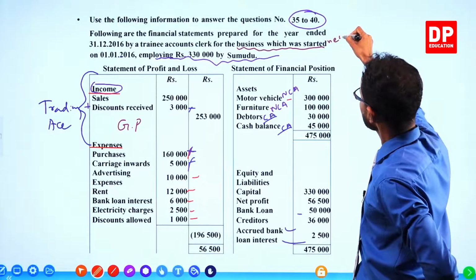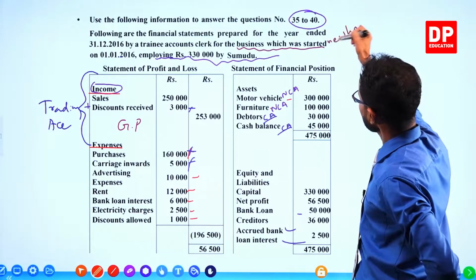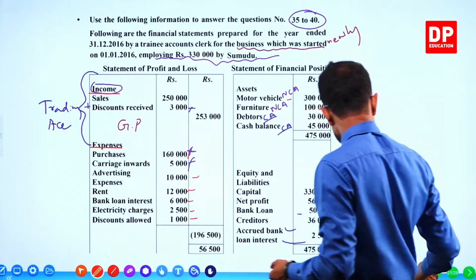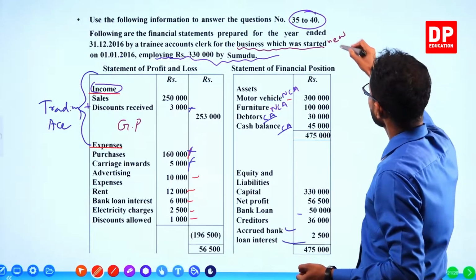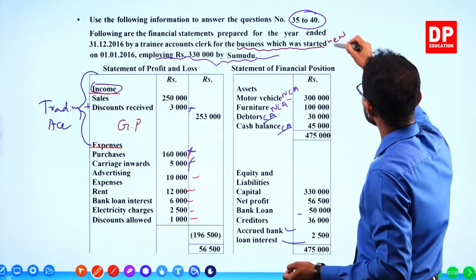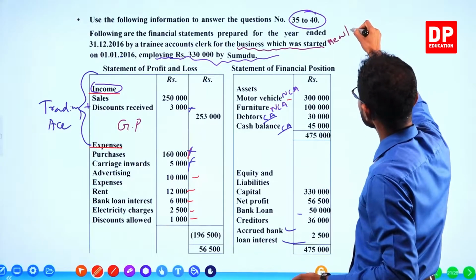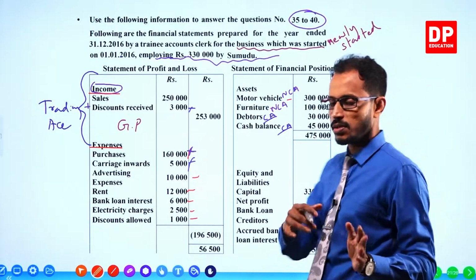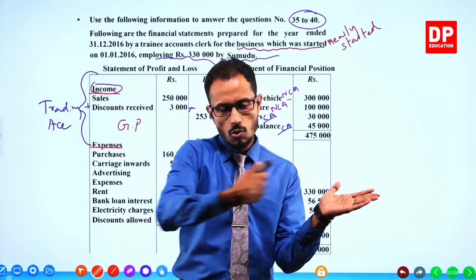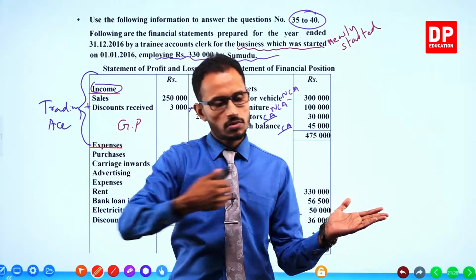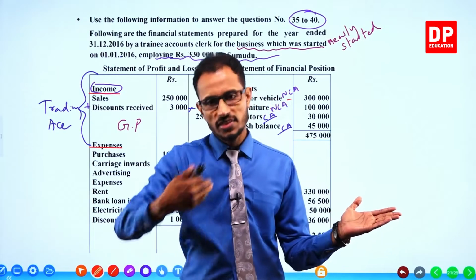In a newly started business, children, there can't be an opening stock, because you know the reason, right? The reason is, from the last year there was no stock which continued to start with.